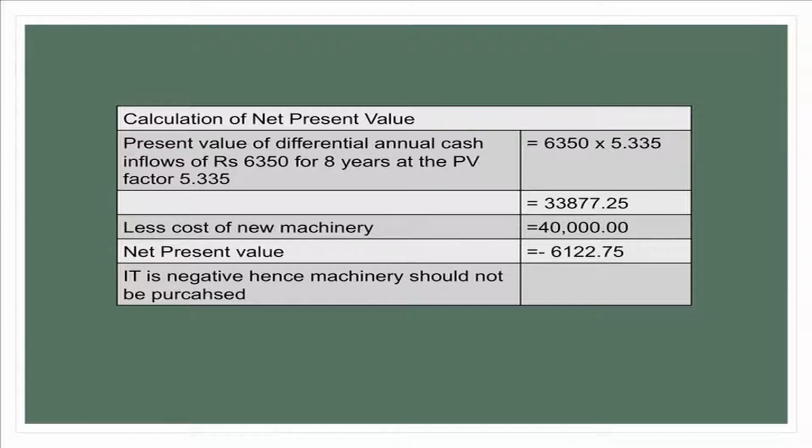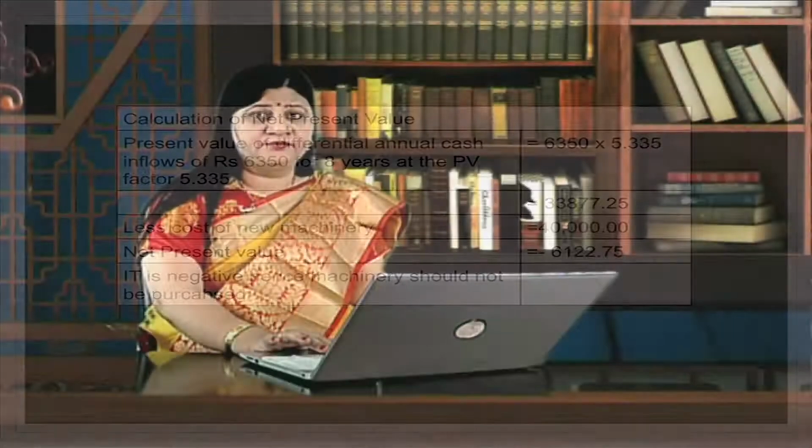We subtract the cost of new machinery, our initial investment, 40,000. So, net present value is negative 6,122.75.